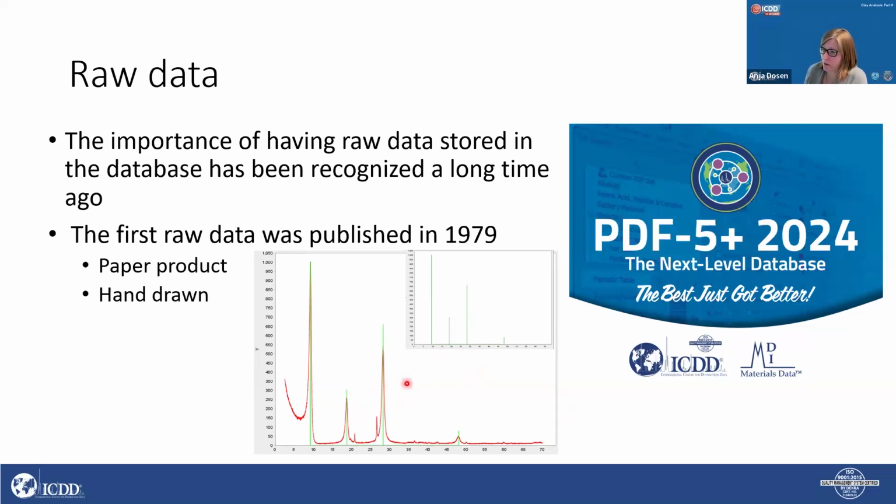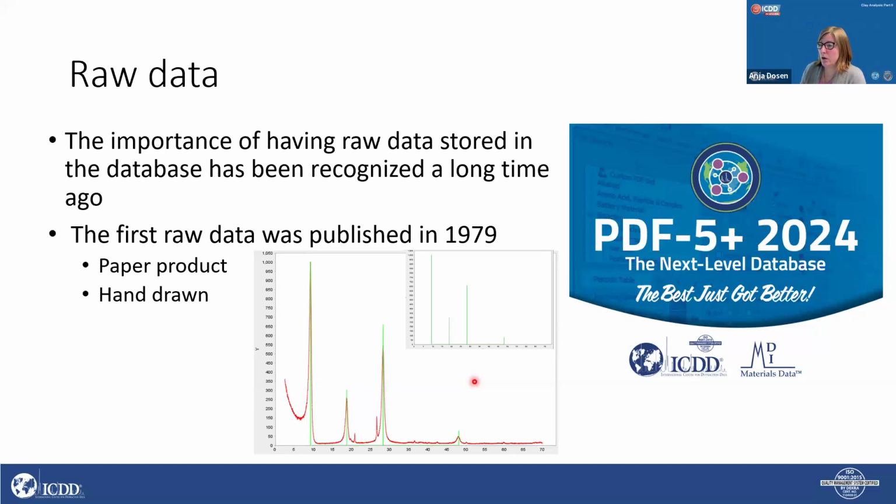And as you can see, it is much easier to visualize what this X-ray diffraction can look like if you have raw data present. So once you analyze your sample and you're looking at your own raw data, it is really good to have something else to be able to visually compare other than just the DI list.